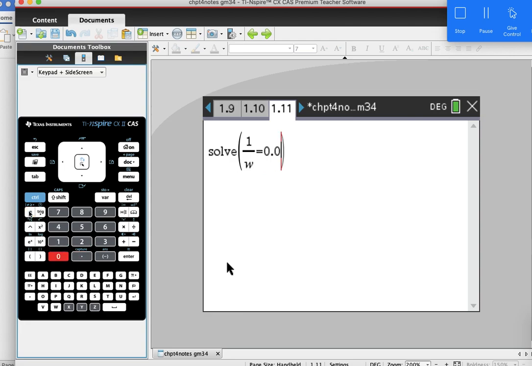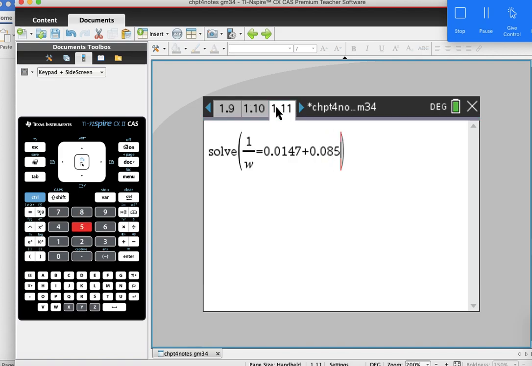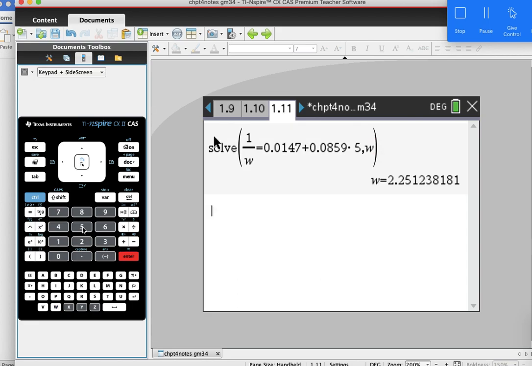So 0.0147 plus 0.0859 times 5, and we've got to do comma W. So when you've done a Y transformation, we're going to use the solve function to predict. And we predict, and we get a width of 2.25.